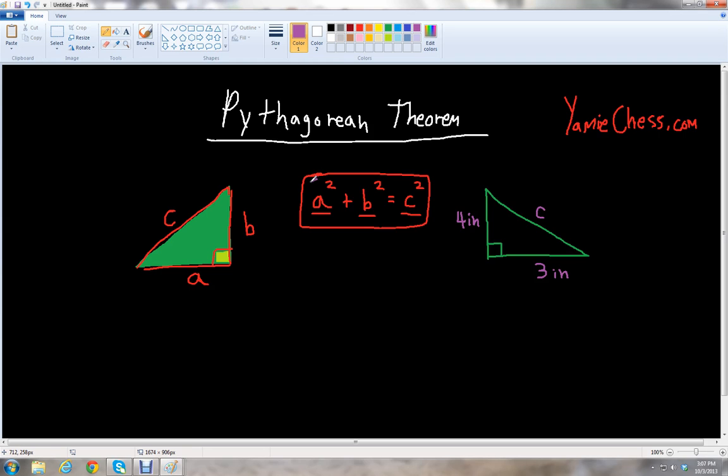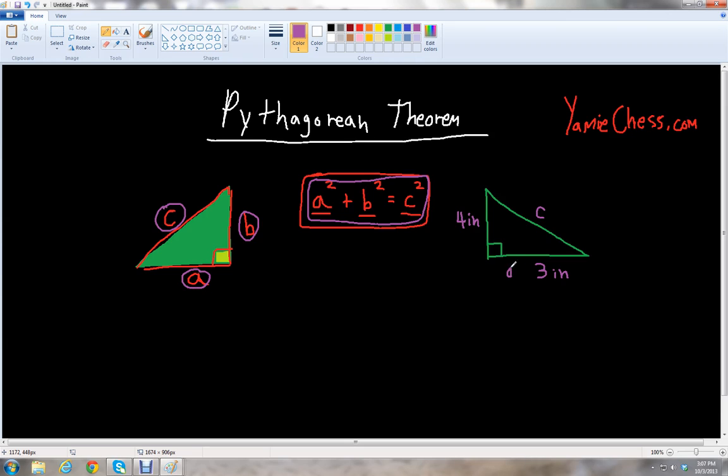We know that our equation for the Pythagorean theorem is a squared plus b squared equals c squared. A and B represent the legs of the right triangle, and C represents the hypotenuse.